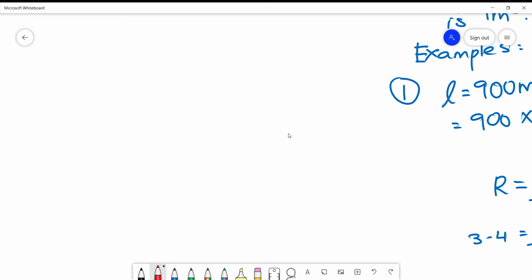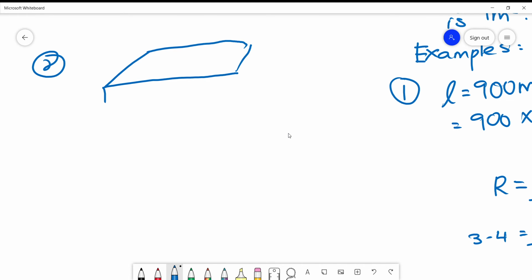For the second example, let me draw a diagram as a reference. In this case, the conductor is not cylindrical anymore; it is in a cubic shape.